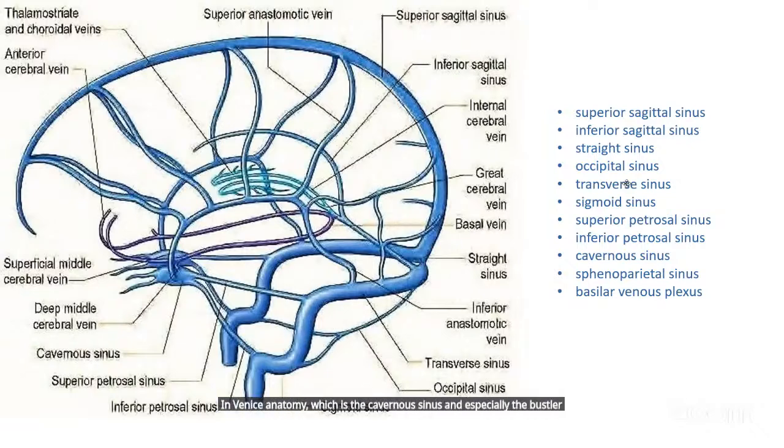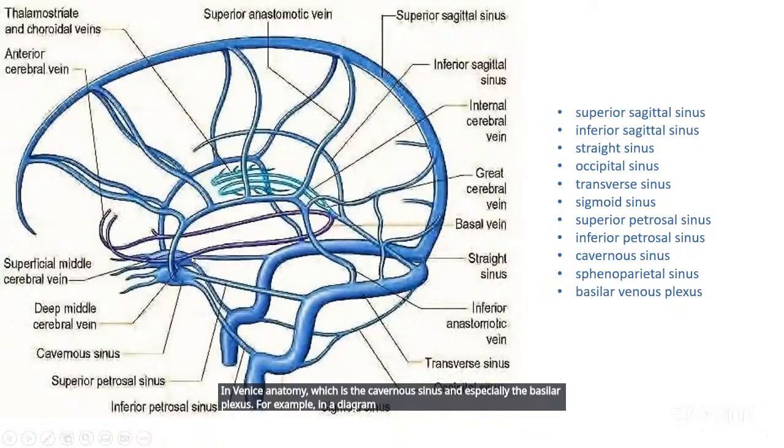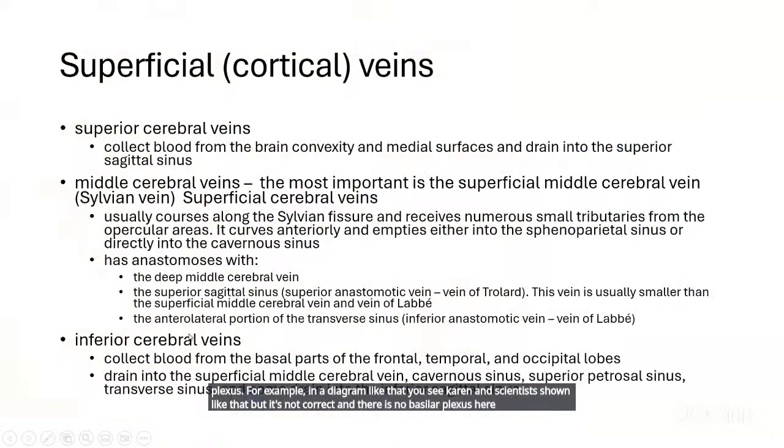For example, in a diagram like that, you see cavernous sinuses shown like that, but it's not correct, and there is no basilar plexus here. But we know there's a drainage in the basilar plexus.